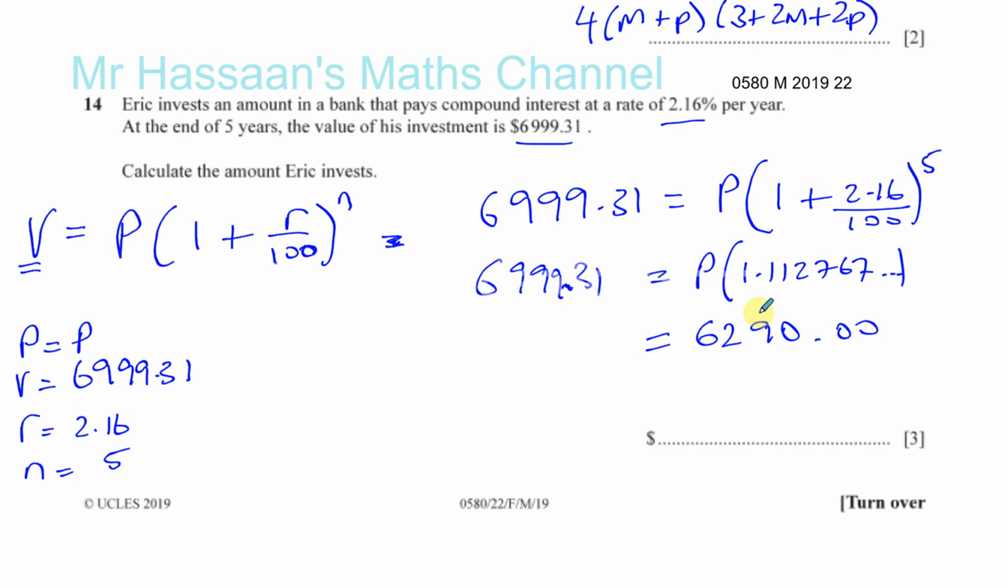They've only asked us to find that. They haven't told us how to round it, so we should round it to 2 decimal places as it's not exact. 6,290.00. And there's the answer to number 14. I hope that was clear, and I'll do the next page in the next video. Thank you for watching.